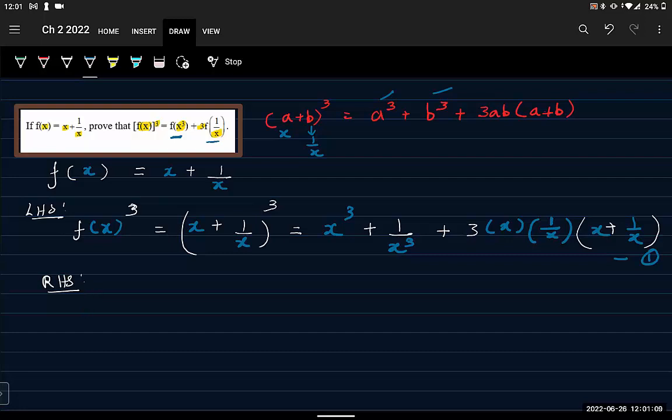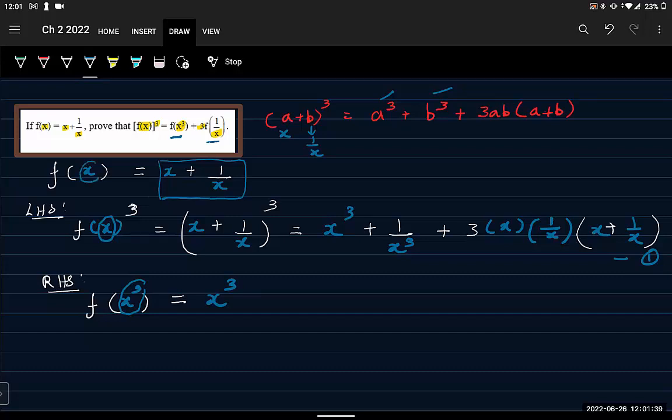So f of x cube. Here, instead of this x, we have a new term, and that is x cube. So wherever we'll find x in our rule, we'll substitute x cube instead of x. So the first term is x. Instead of that, I will write x cube, because now the place of x is taken by x cube.